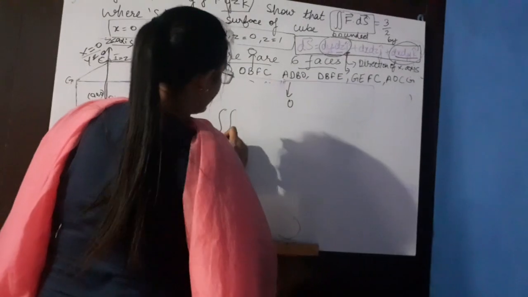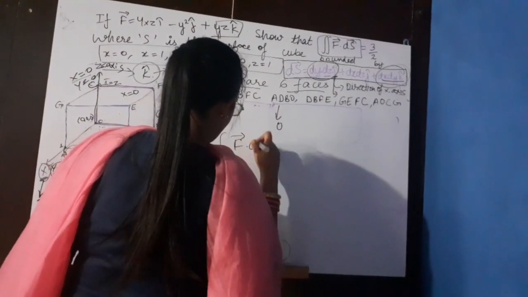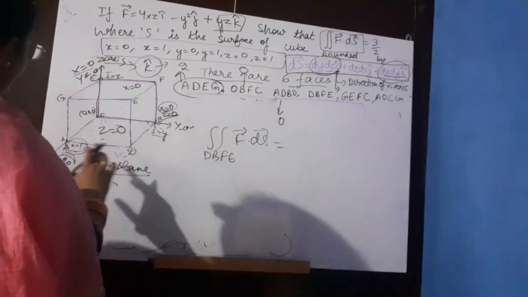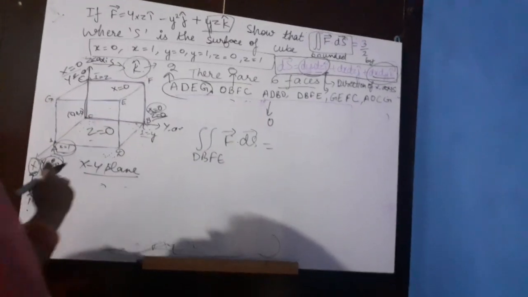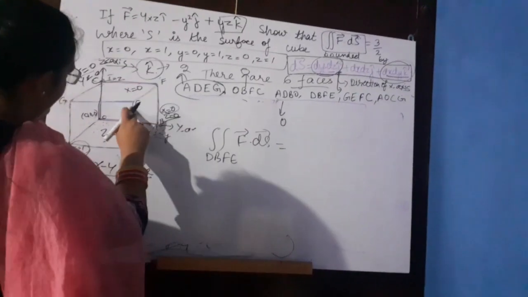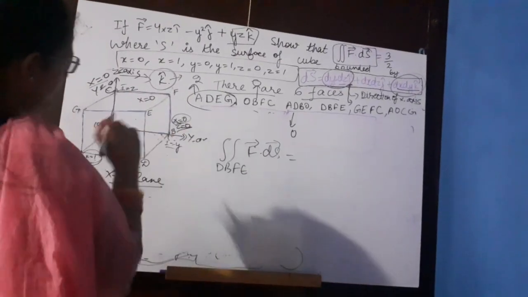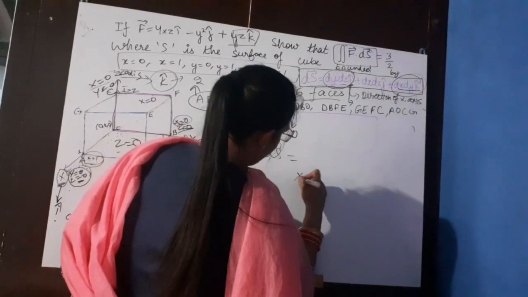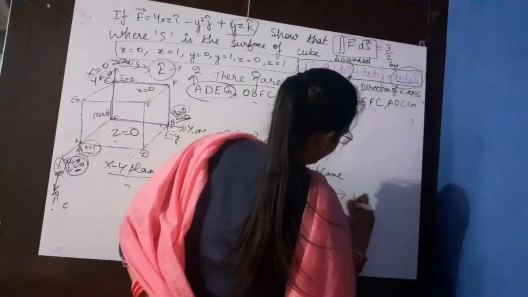Now the next face is DBFE, which is the ZX plane, and y is perpendicular to this. So if y is perpendicular to this XZ plane, the direction of y is given by j cap.